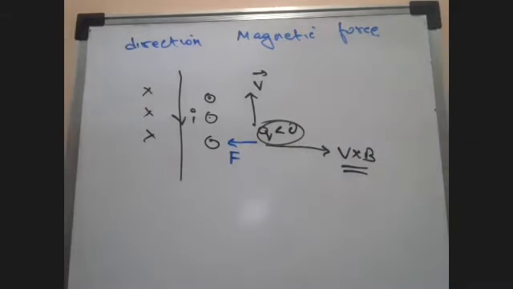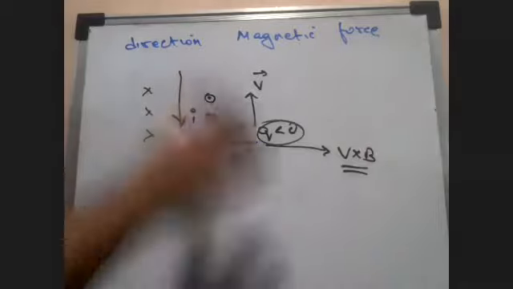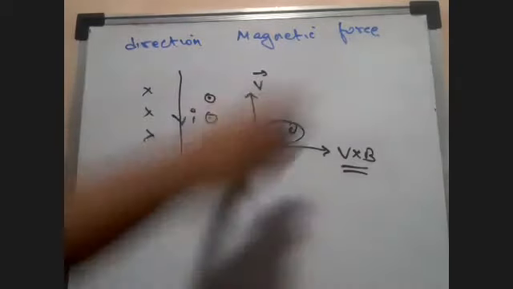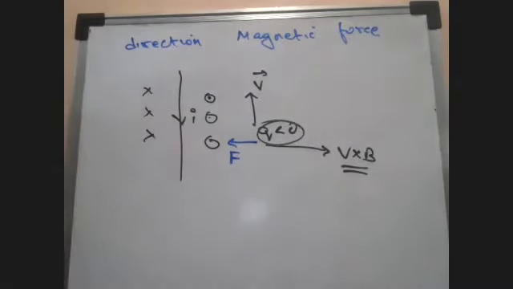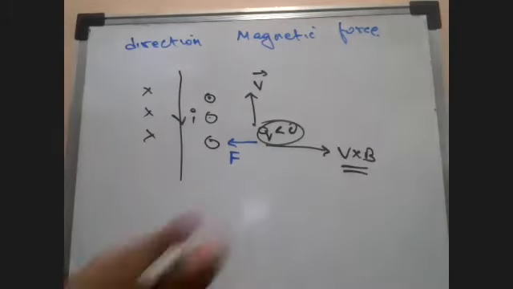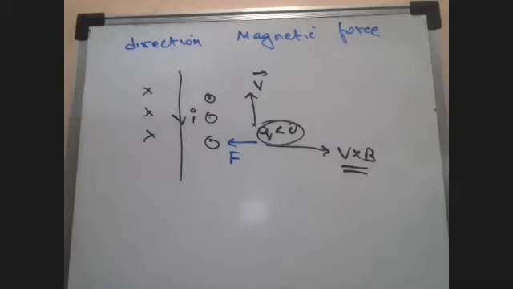In that case, I will always draw my force in the opposite direction, F. Students, after drawing this, always remember to make a small graphical representation, like a free body diagram, at the end of it. It's not for the sake of some test which I'll be correcting. It's only for your board exam so that you score good marks.